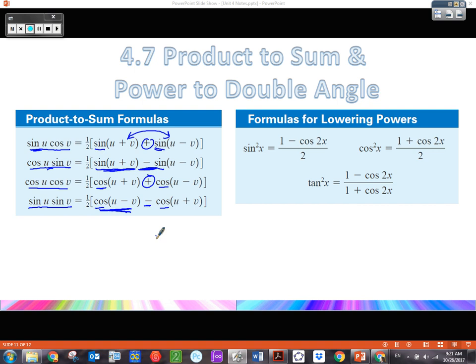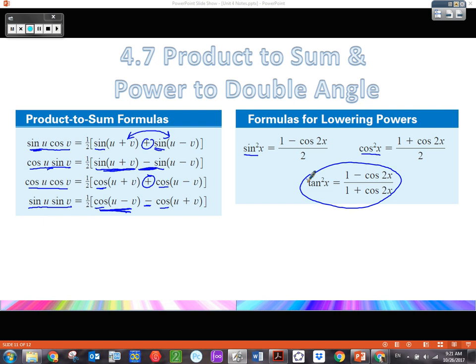So just a note as you're going through memorizing them, things that hopefully may help you memorize those formulas. So let's look at these two sets over here, formulas for lowering powers. We have sine squared and we have cosine squared. I'm not really worried about tangent squared, because if you know the sine squared and cosine squared, can't you come up with the tangent squared? It would just be this one over this one and turns into that one.